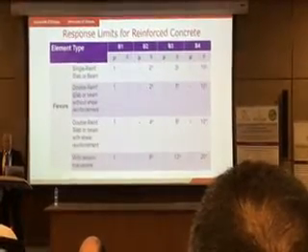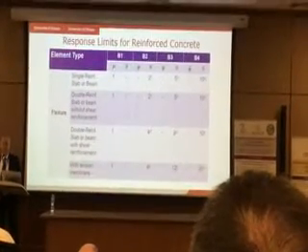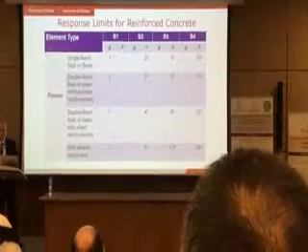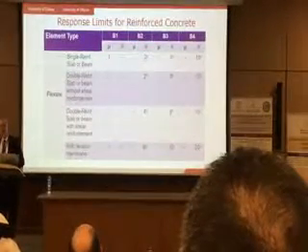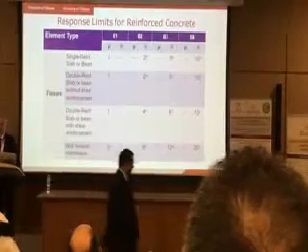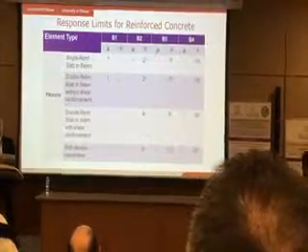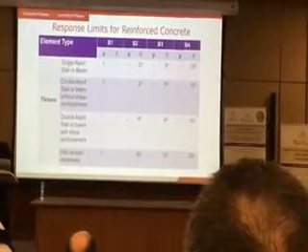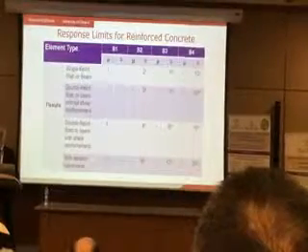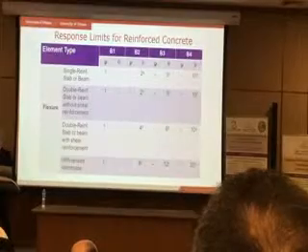Response limits are specified either in the form of ductility ratio, which is mu, or, in blast engineering, funny enough, they deal with support rotations. In structural engineering, we like to deal with ductilities. In earthquake engineering, we talk about ductility because that's a measure of inelastic deformation.